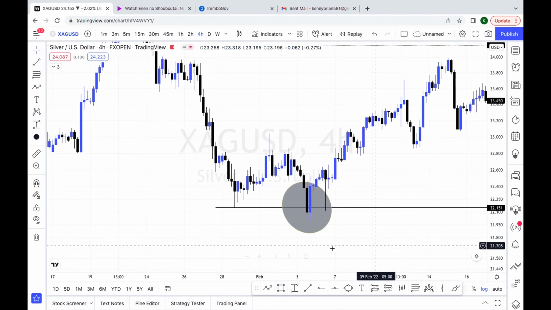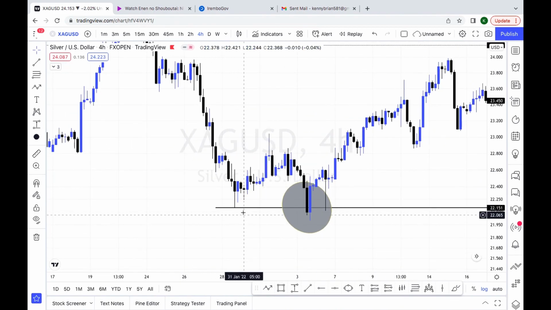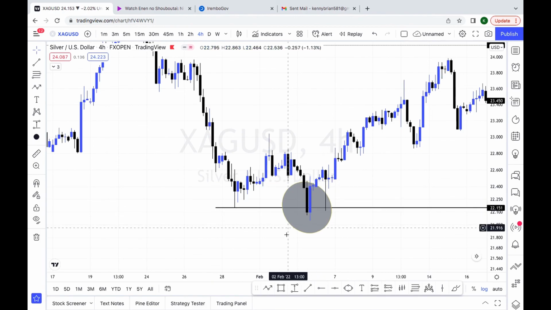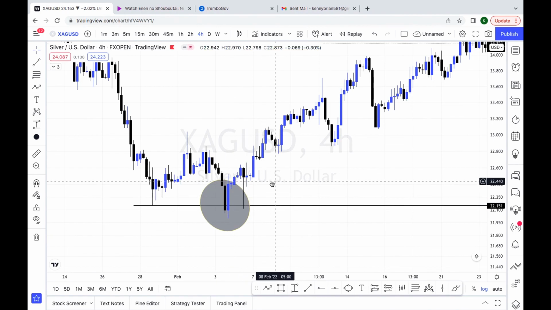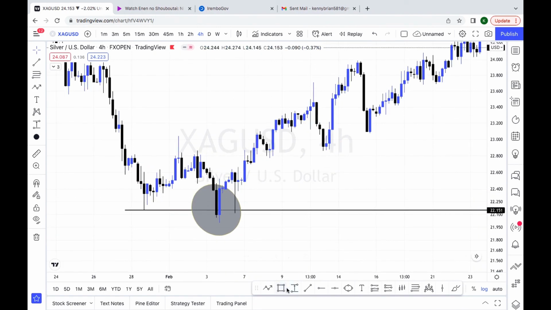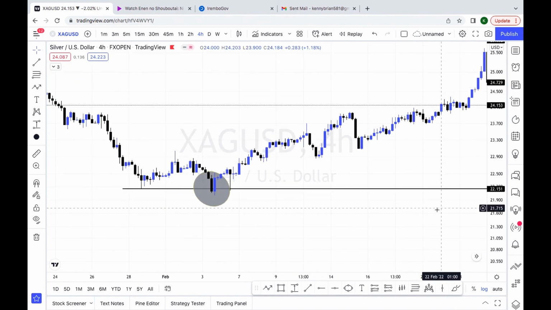This actually has a lot of confirmations. You would consider this a double bottom, but you will learn these in market structure. And then you got the tweezer bottom. So all you had to do now was set your buy, set your stop loss, set your take profit, and then wait and see what will happen.